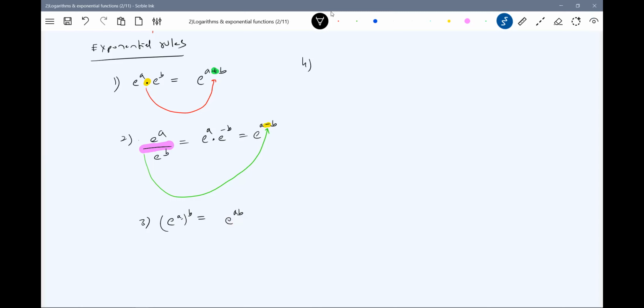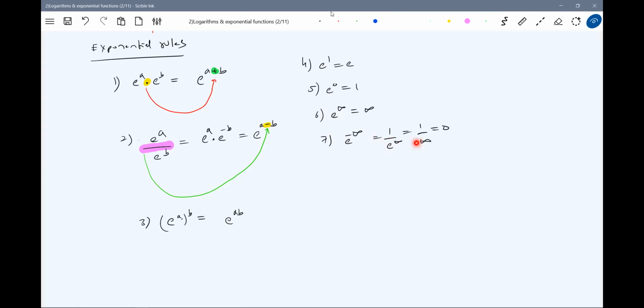So next further, e to power of 0 will be 1. Anything to the power 0 will be 1. e to power of infinity will be infinity. e to power of minus infinity will become 1 by e to power of infinity, 1 by infinity. This will be 0. We'll widely be using this in our physics. It's not a rule, just for a convenient purpose I brought it.